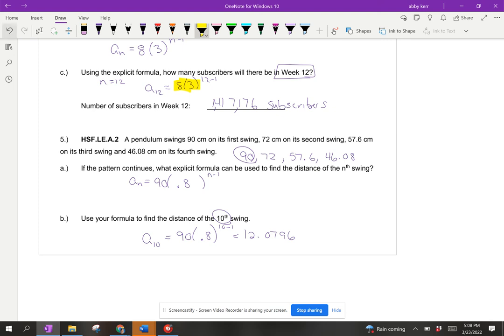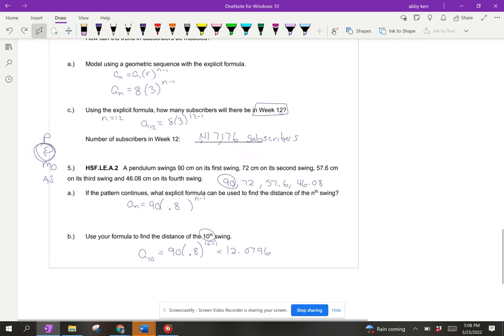The reason why it needs to stay next to each other and why it needs to be multiplication is because of the order of operations. The order of operations tells us that we have to do exponents first. So we are not allowed to do anything with that 8 times 3 because it comes after the exponent. So please make sure that you remember that.